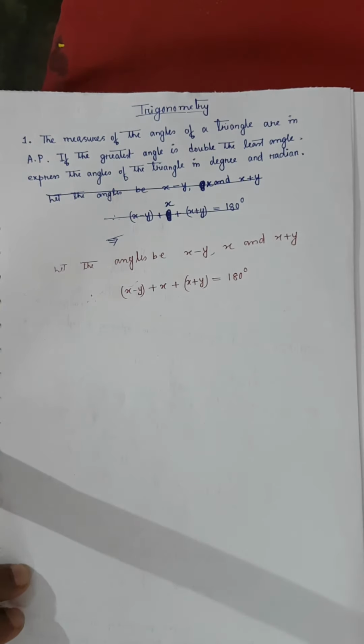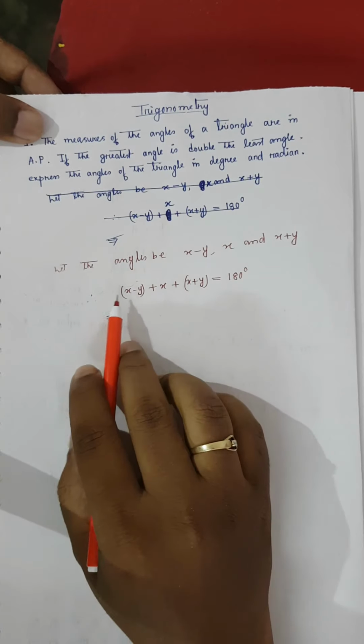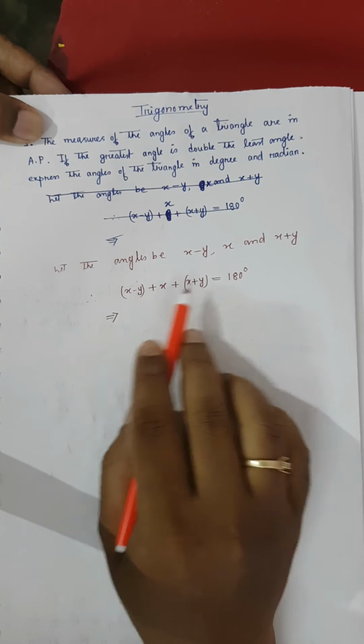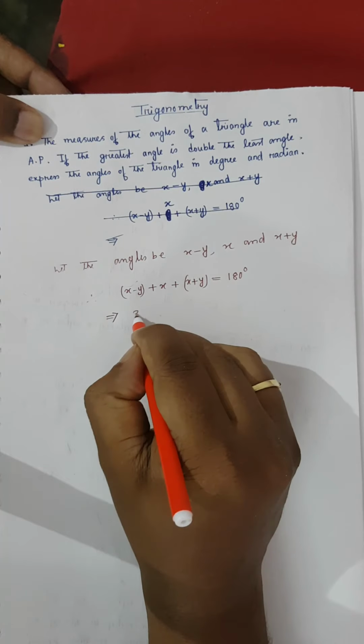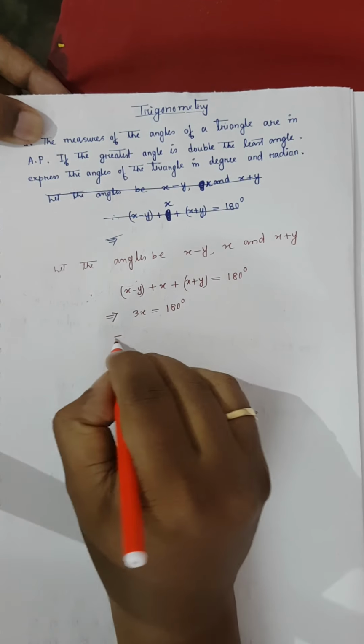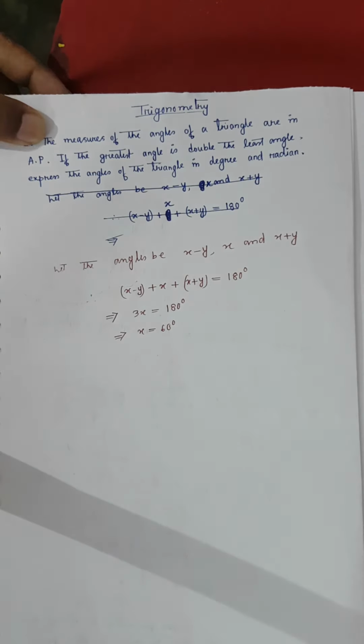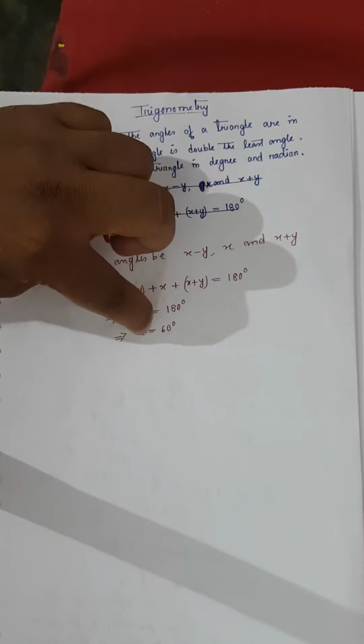We know in a triangle the sum of the angles is equal to 180 degree. So after adding the terms, minus y plus y cancel, therefore thrice x is equal to 180 degree, hence x equal to 60 degree.